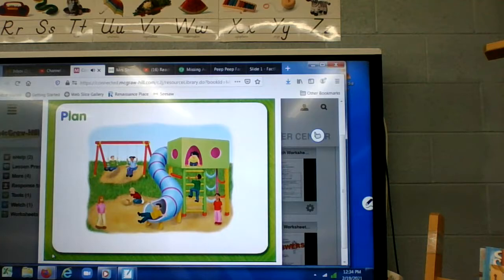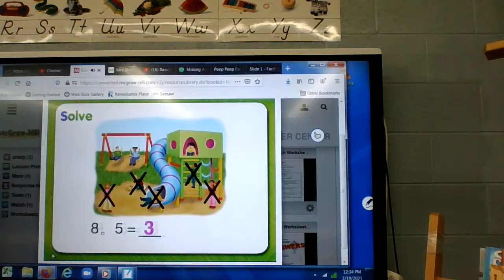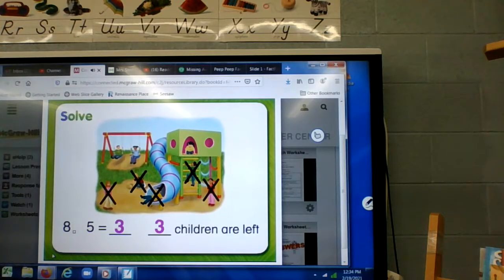Now we need to choose a plan to solve the problem. One way we could find the answer is to write a number sentence. Now it's time to solve the problem. 8 children are on the playground. 5 children go home. Let's count back from 8 to see how many children are left. 7, 6, 5, 4, 3. 8 minus 5 equals 3. 3 children are left.